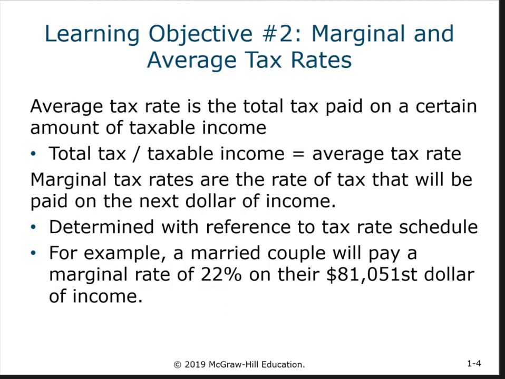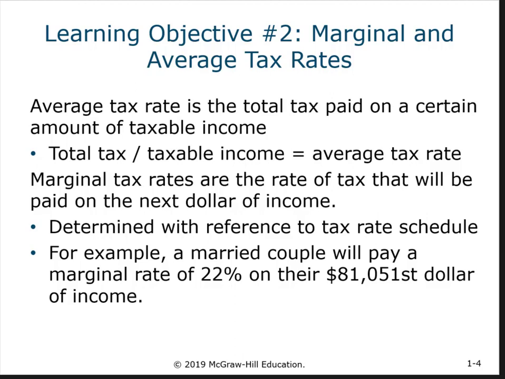So to understand how income taxes help people make decisions, we want to talk about the average tax rate versus the marginal tax rate. Average tax rate is simply when you have figured out the tax liability you need to pay, you take that amount and divide it by your taxable income, and that's your tax rate.